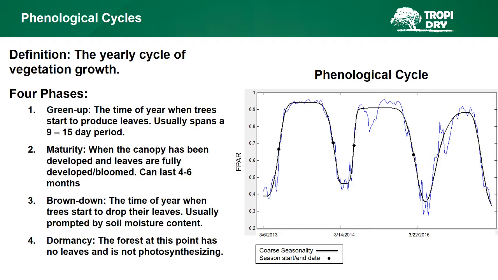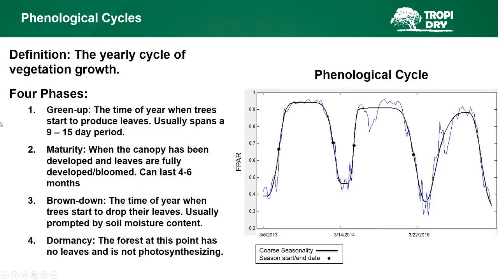But for our sake, we will define it as first leaf bud, and we usually measure the phenological cycle using some other technique. For this example, we will be using FAPAR, the fraction of photosynthetically available radiation, to measure phenological growth.